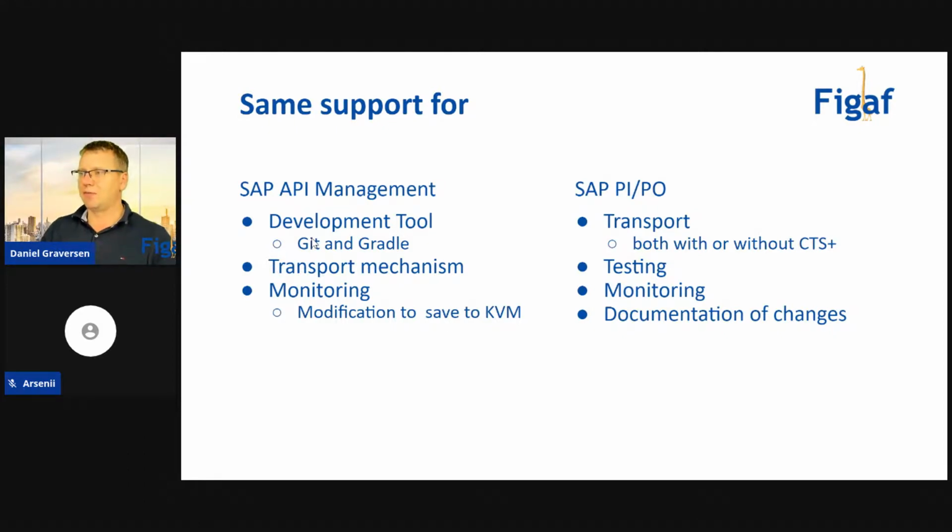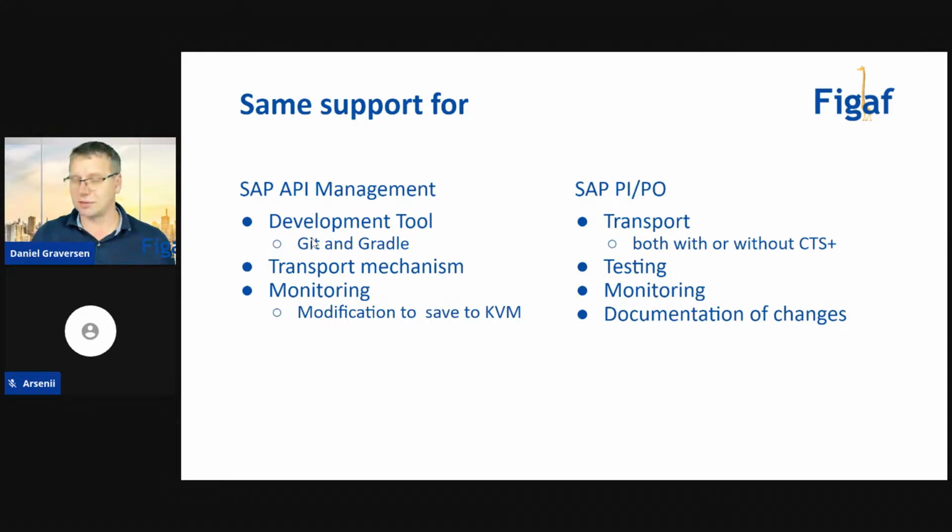And then for SAP PI/PO, we also have the same options. We do not have the Git repository because it doesn't really make sense in that perspective there. But we do have a transport mechanism, both with CTS or without CTS Plus. So it can transport just the way you saw here that we did with CPI.